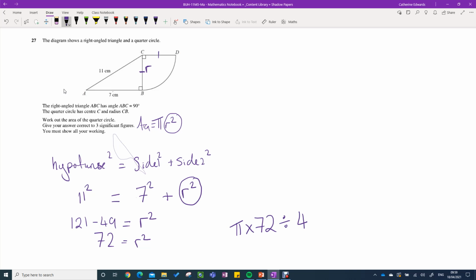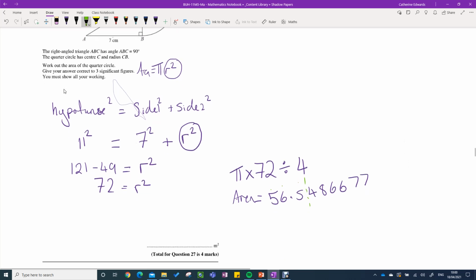So again, using my calculator, gives me 56.54866677. 3 significant figures. So I'm going to count in 1, 2, 3. My answer is going to be 56.5 meters squared.